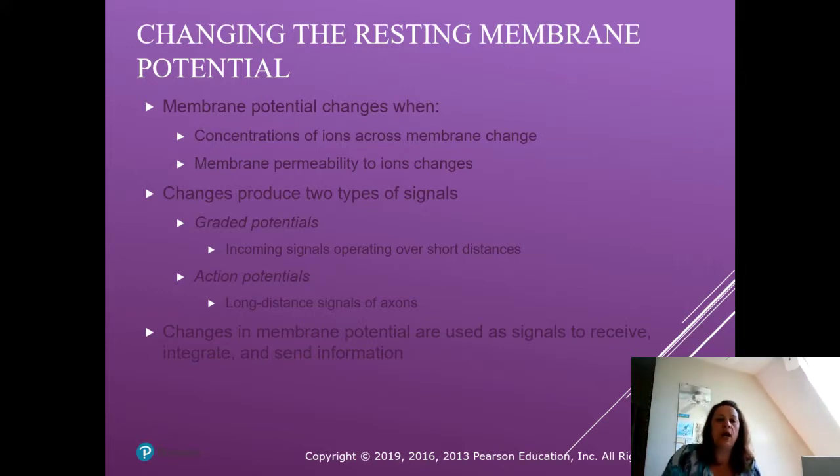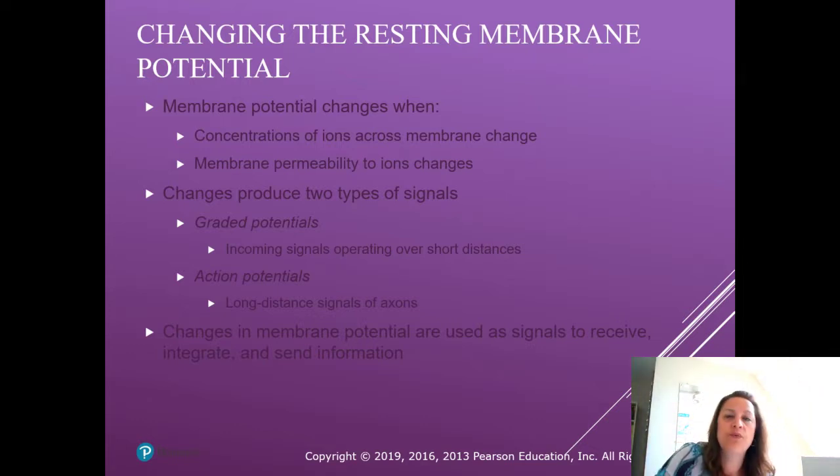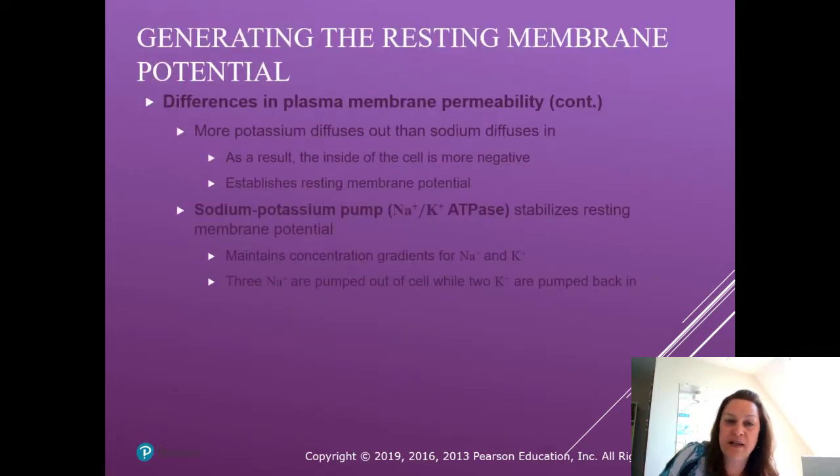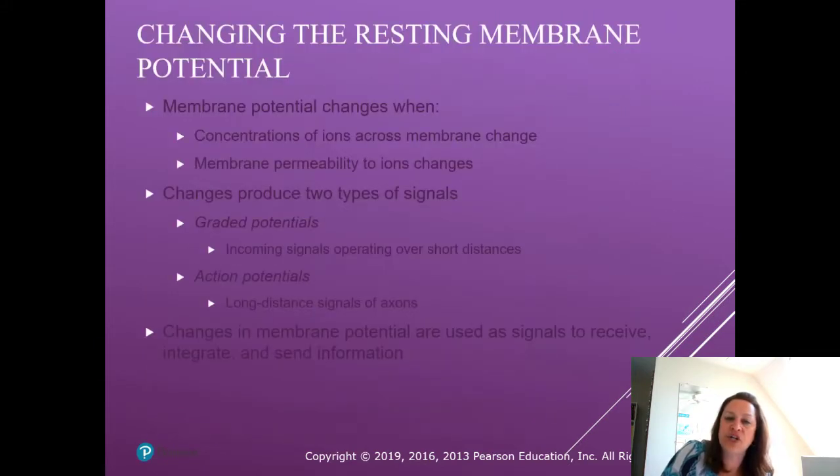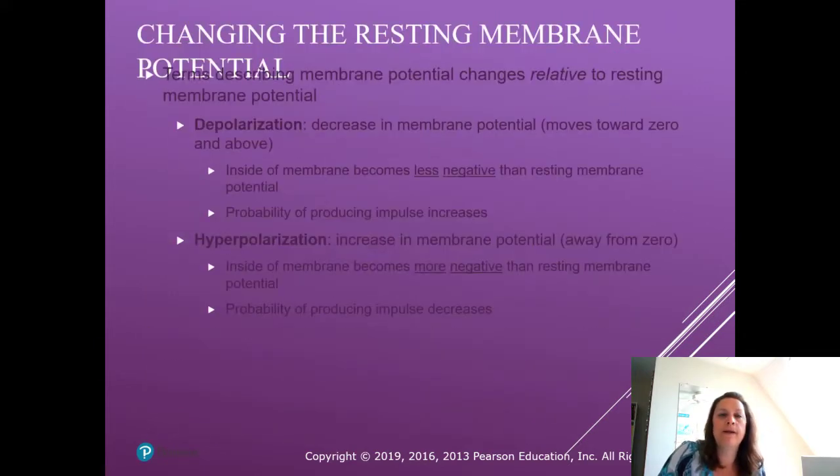So when we want to talk about the different types of membrane potentials and how they change, membrane potentials change when the ions change, when the permeability changes. Here: differences in concentration and differences in permeability. That's how we're going to change our resting membrane potential. So what does that mean?